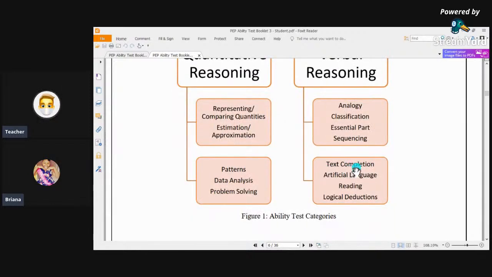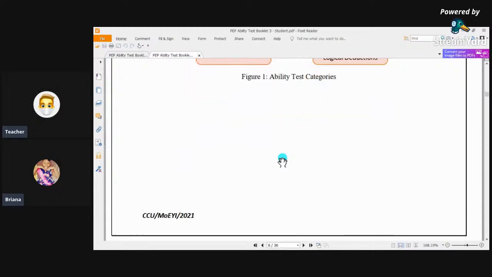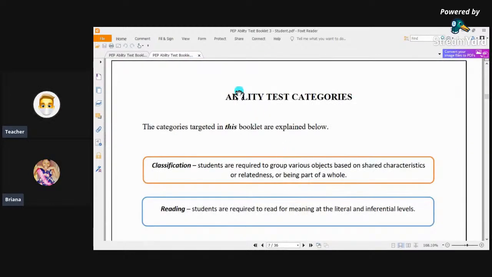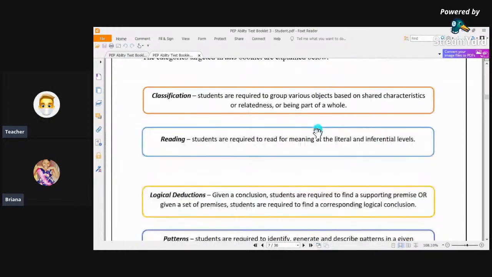Then we also have text completion, artificial language reading, and logical deduction. And we have gone through these already. Let's go further. So it says the ability test categories. The categories targeted in this booklet are explained below.